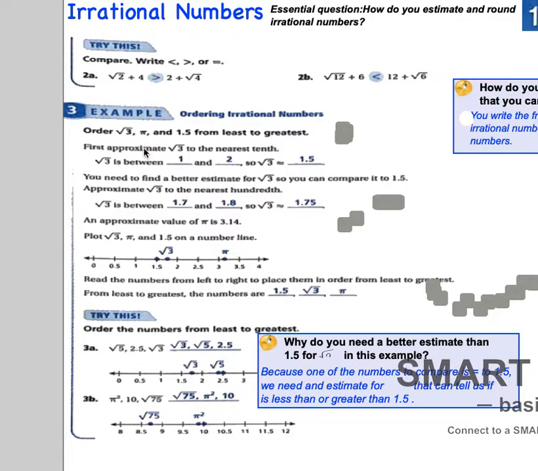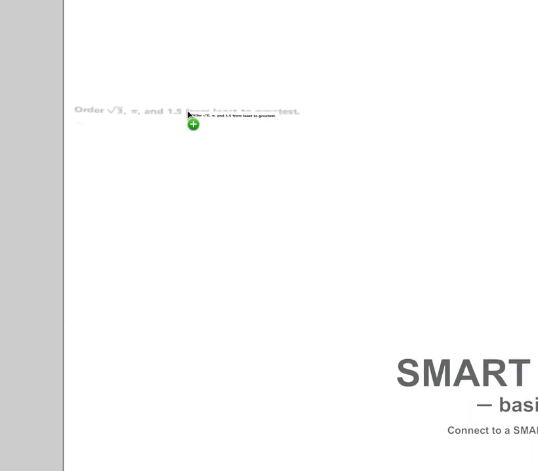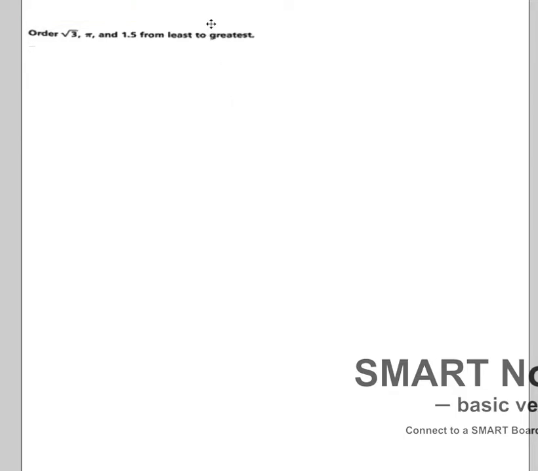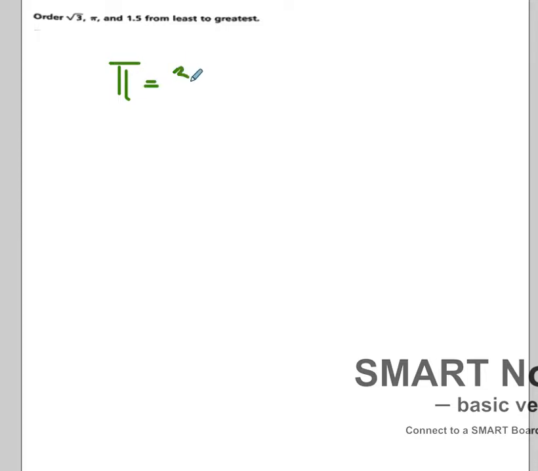So again, we're going to order these three things, right? I'm going to just go ahead and again do what I did last time. So we're going to order these from least to greatest. Now they're all in different forms. What I do know is that 1.5 and pi are basically in decimal form, because pi we can abbreviate in middle school as an irrational number that can be rounded to 3.14.